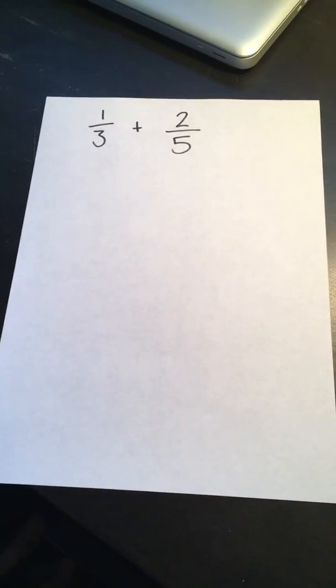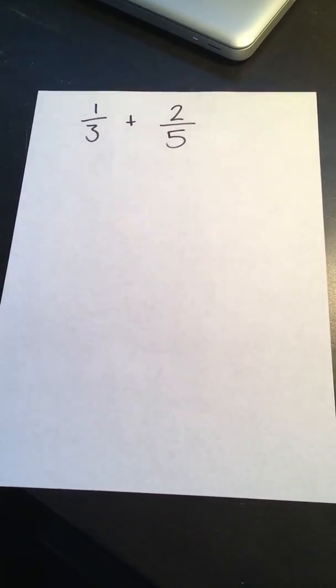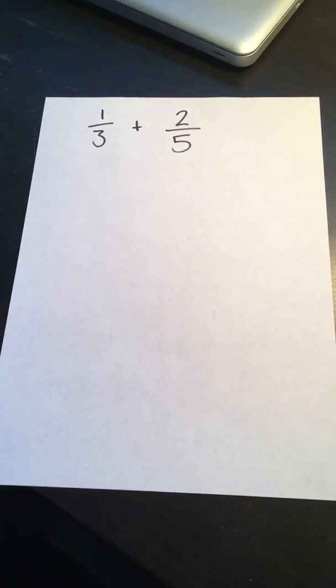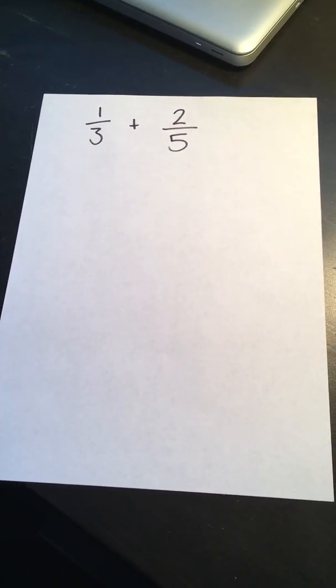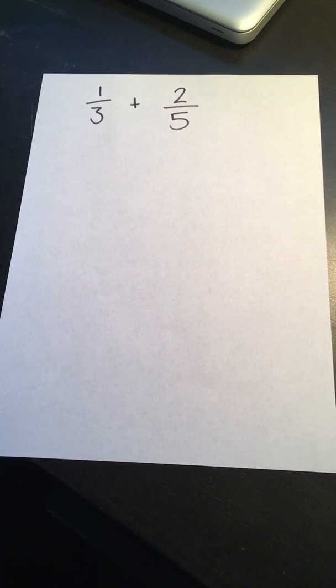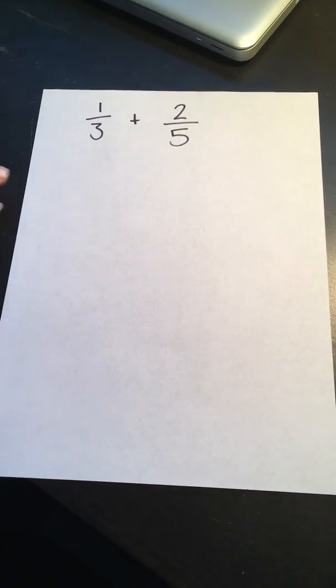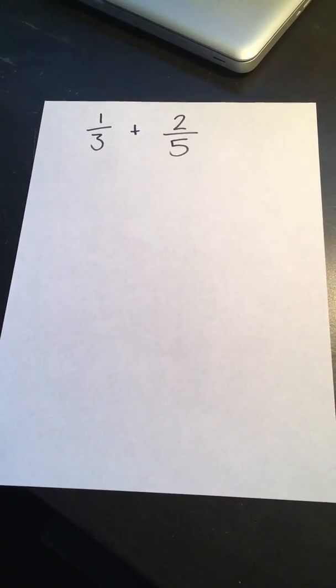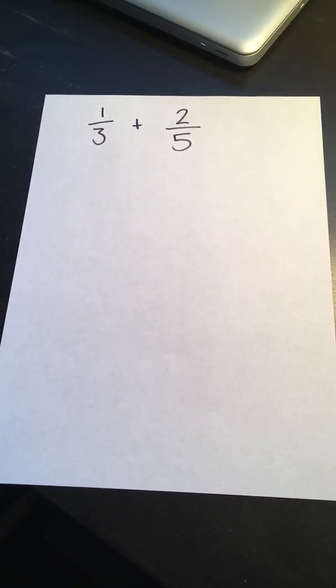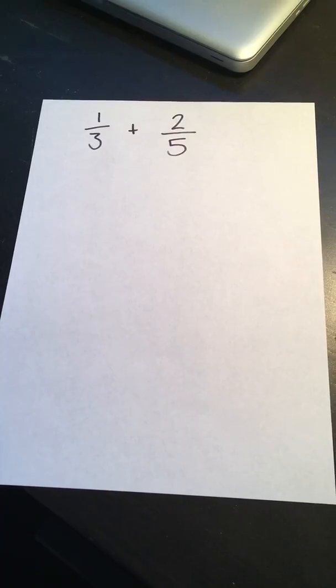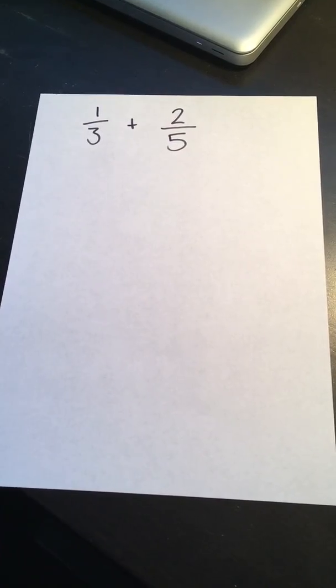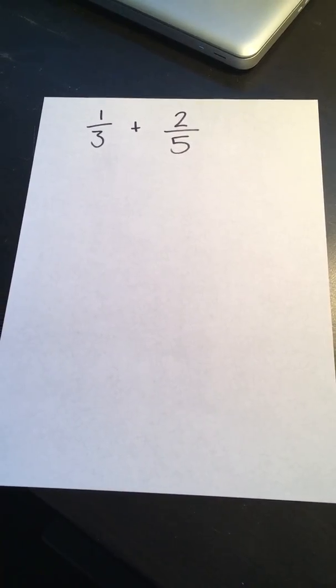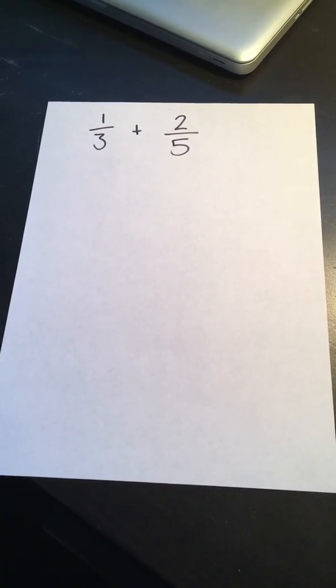Here we have 1/3, or 1 out of every 3 parts, and to that we are adding 2/5, 2 out of every 5 parts. These fractions are unalike because the denominators, that is the bottom numbers, are different. When we add or subtract unalike fractions, we cannot use the method that we used for alike fractions. It's not yet possible to complete this calculation.